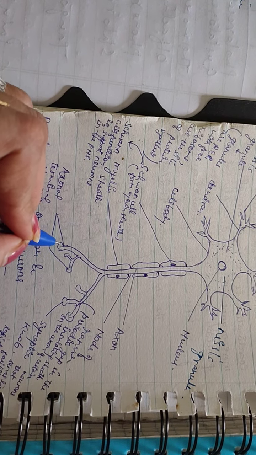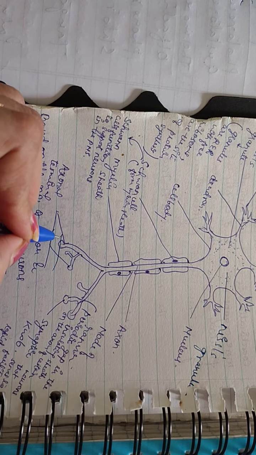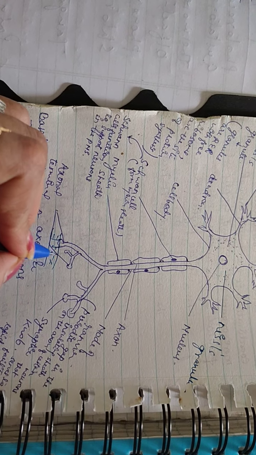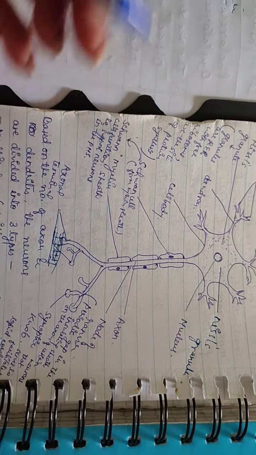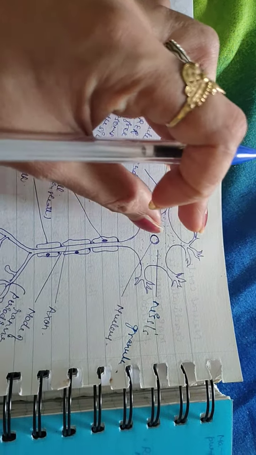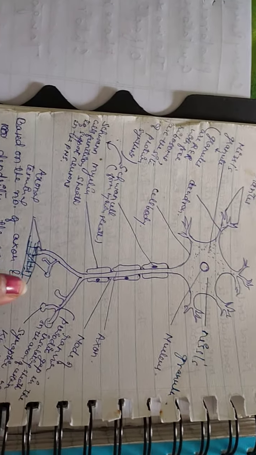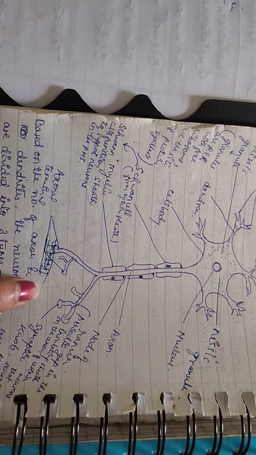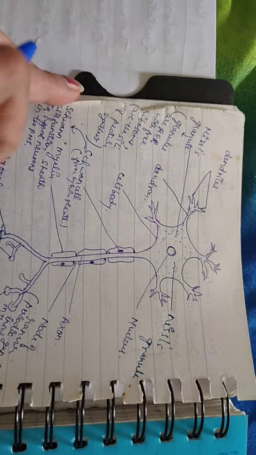So this part you can draw like here, that this part is associated with a muscle, and this is cyton, axon, and then the dendrite of another neuron. This is the association.